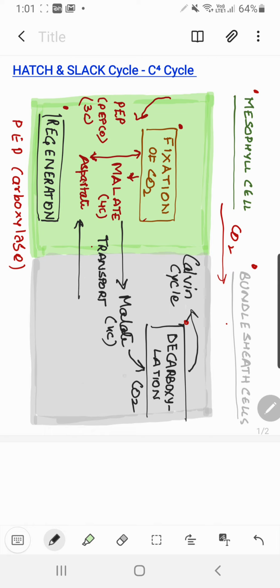Once the CO2 is unloaded, children, again a C3 compound should be formed, and that C3 compound here is pyruvic acid, or pyruvate. This pyruvic acid comes back, and I should use this arrow here.